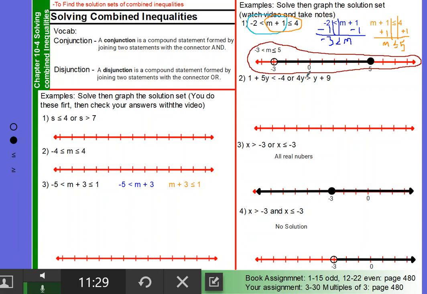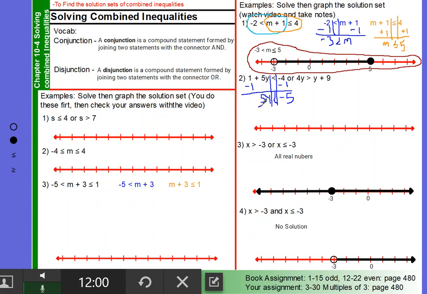One more example, we have a disjunction because we have the word or. And so let's go ahead and solve these two problems. All right, so let's subtract 1, and we get -5y is less than 5. That's odd, I'm having troubles with those symbols.